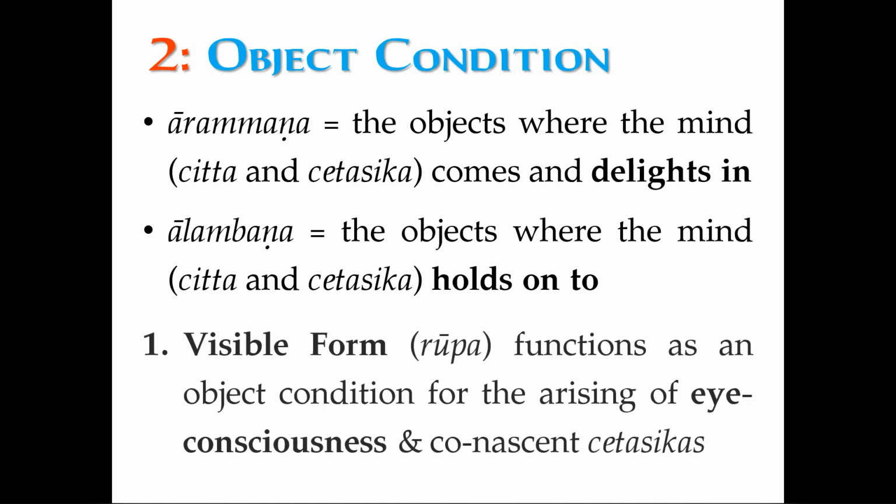Now I will give you an example. Visible form, rupa, functions as an object condition for the arising of eye-consciousness and connecting cetasikas. So when we see visible form, eye-consciousness arises.